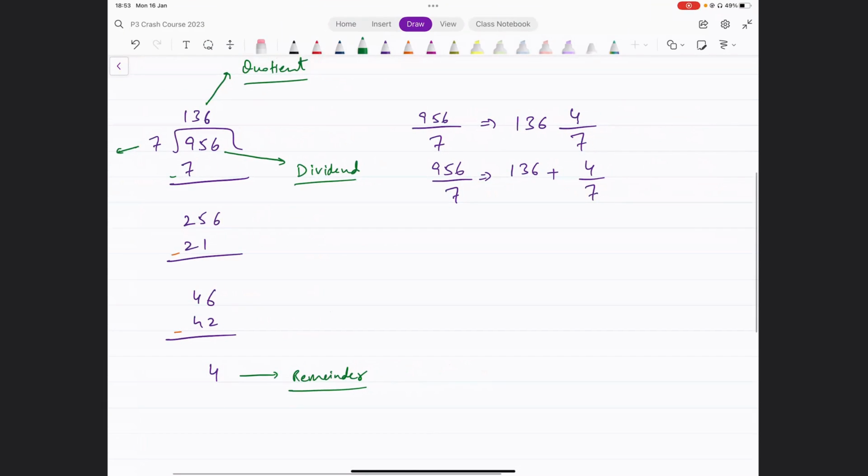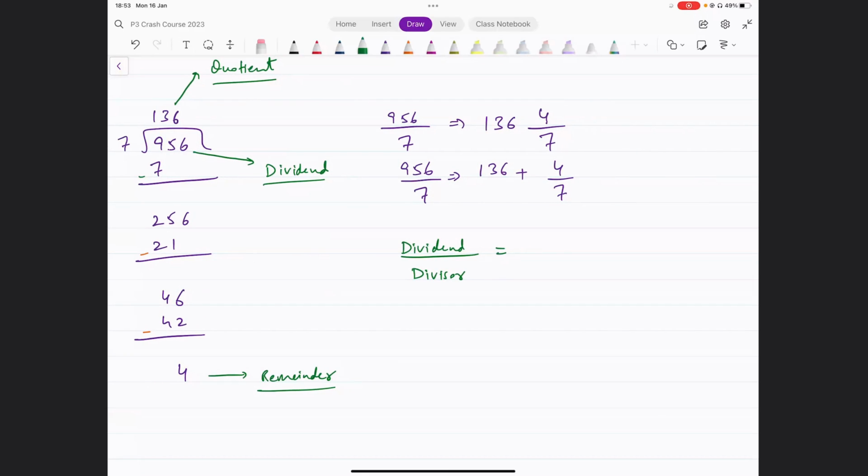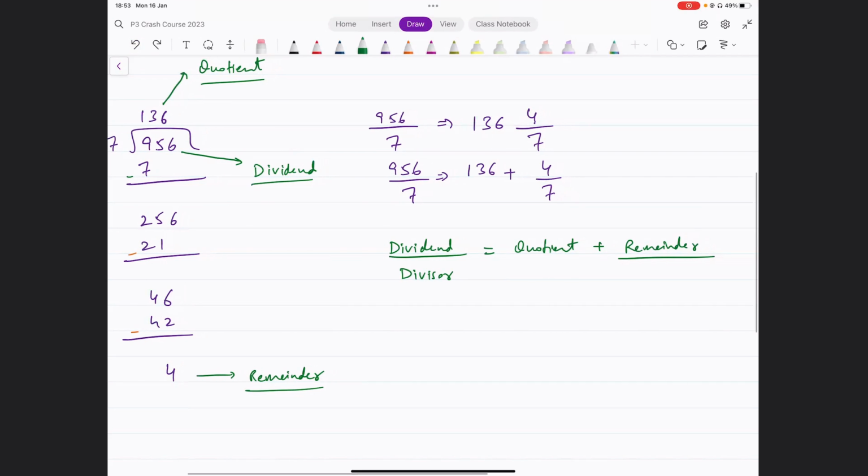If you think about this, what's 956? 956 is your dividend, right? 7 is the divisor. So dividend over divisor equals 136. 136 is your quotient, plus 4, which is the remainder, and 7, which is the divisor.